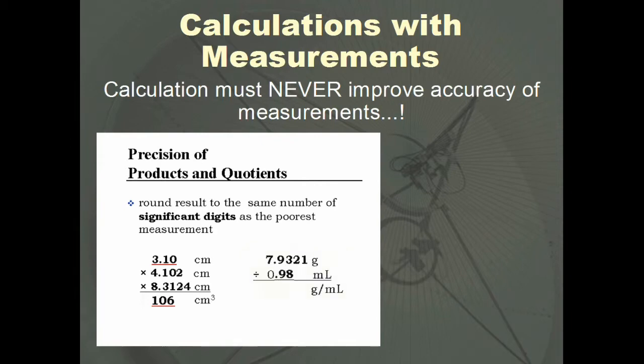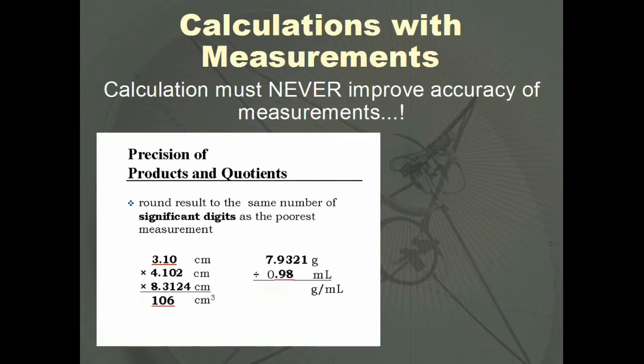Let's do a division. For example, if we calculate density, I measure a mass of 7.9321 grams, which means my scale was fairly accurate, probably an analytical balance. Now I divide the volume into it, 0.98 milliliters. That's not quite as good. What would I write down as my answer for grams per milliliter or grams per cubic centimeter?